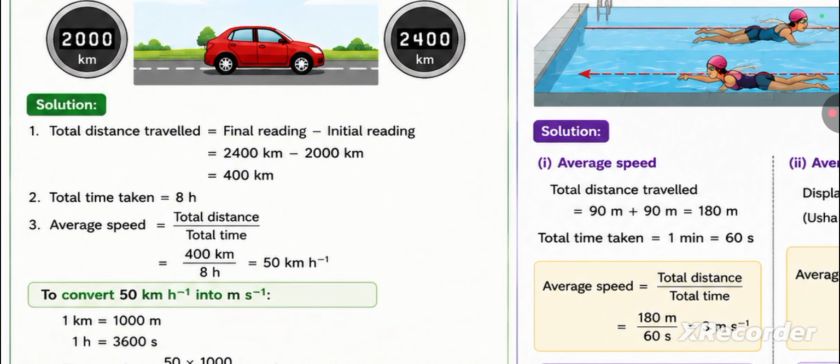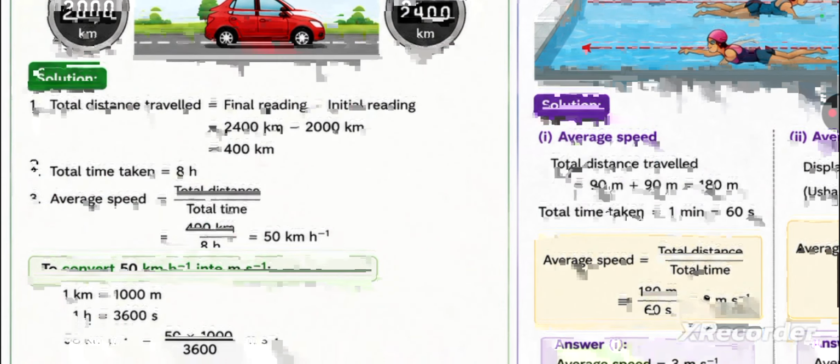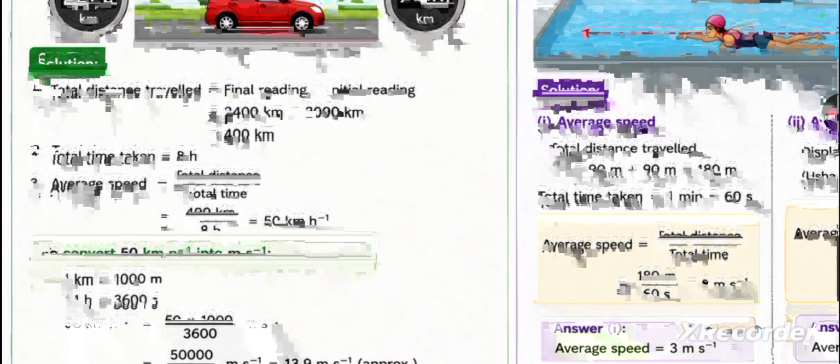So this 50 kilometers per hour changes into meters per second. Then we have to know 1 kilometer is equal to 1000 meters and 1 hour is equal to 3600 seconds. So 1 kilometer per hour is equal to 1000 by 3600.